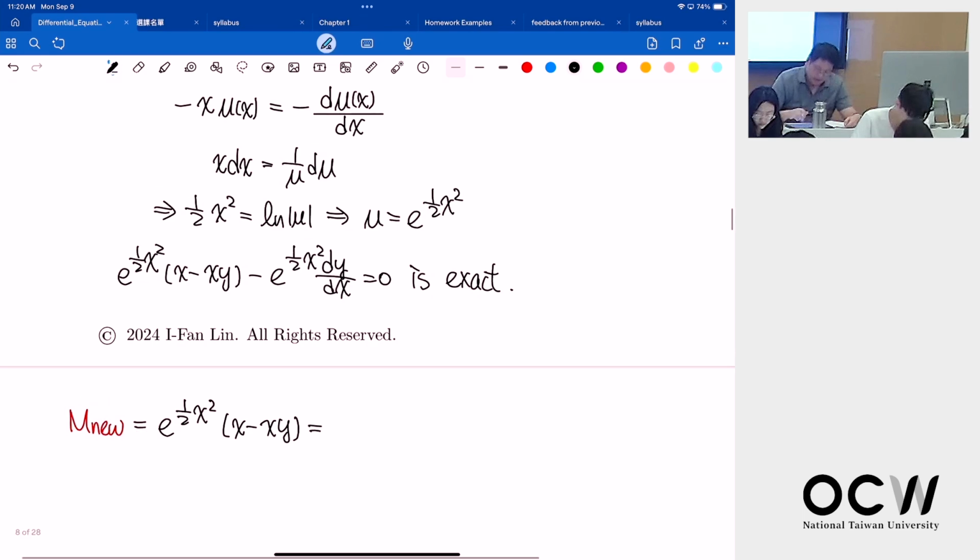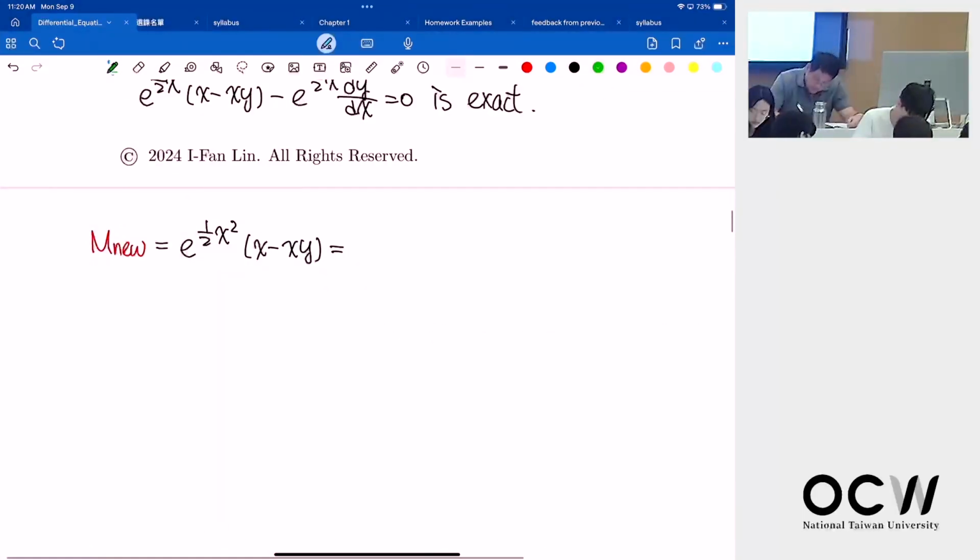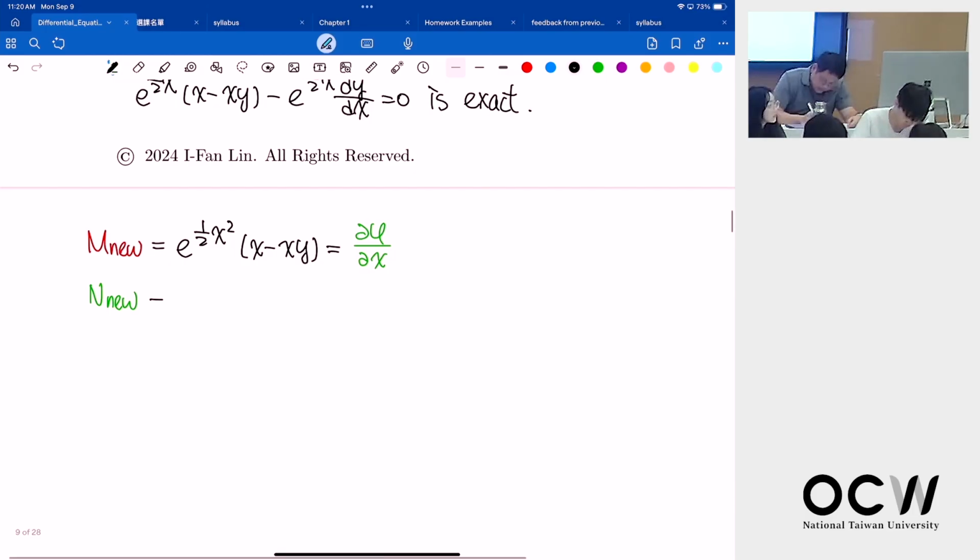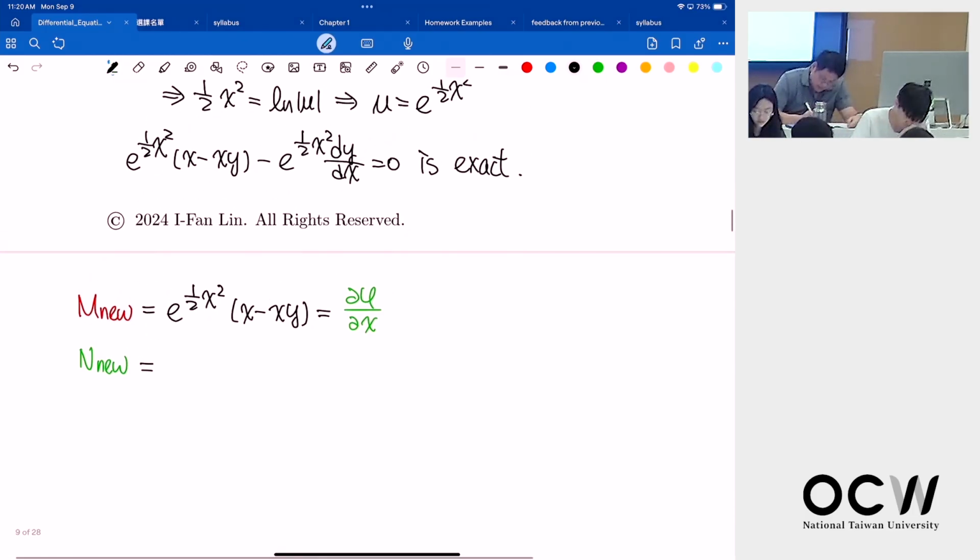And this should be partial phi over partial x. And n new is minus e to the 1/2 times x squared. That is equal to partial phi over partial y.